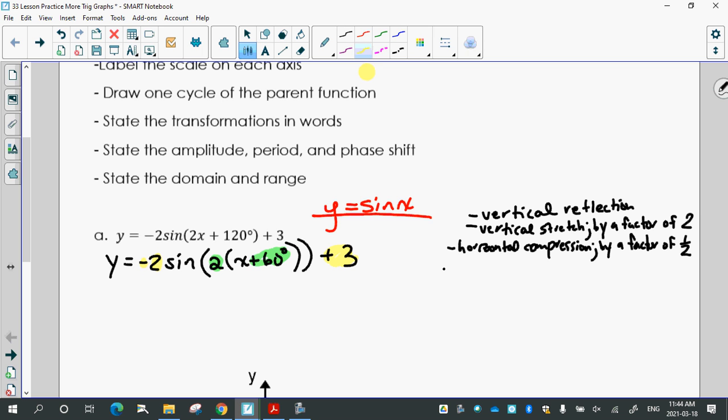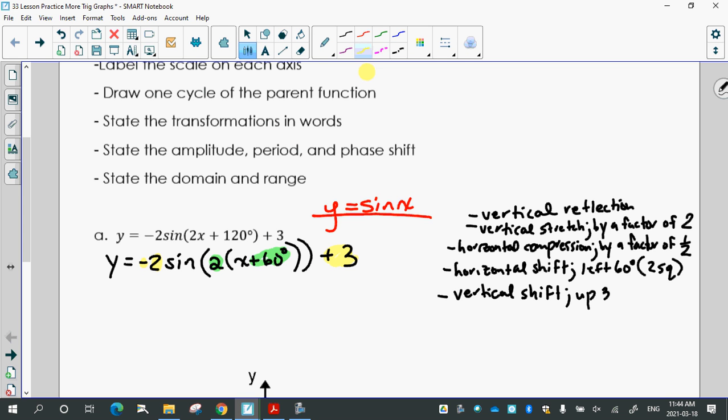Then the plus 60 degrees is a horizontal shift left 60 degrees. And then in brackets, I will put 2 squares. And then vertical shift up 3. And actually the most common error is you only go up 3, but you want to go up 6 squares because of your scale. So always make sure you write down the number of squares.